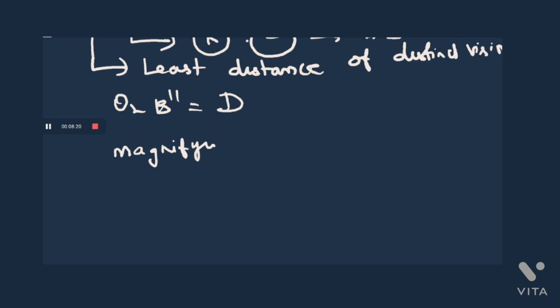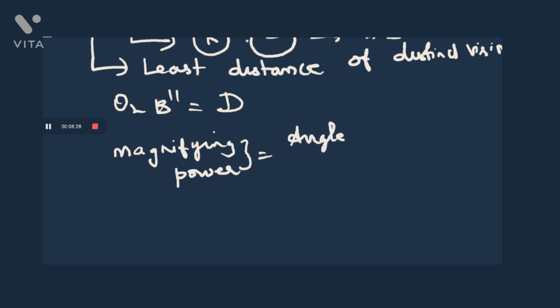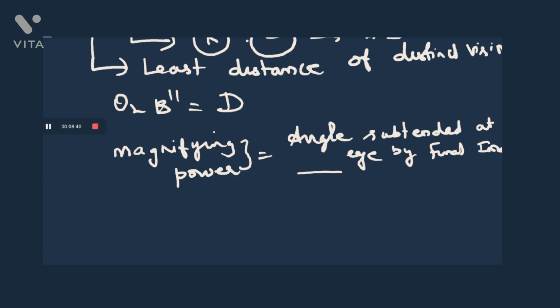for this compound microscope, it can be obtained, as usual, by the angle subtended at the eye by the final image. Always keep this in your mind: the angle subtended at the eye by the final image, that is A double dash B double dash according to this, divided by the angle subtended at the eye by the object.